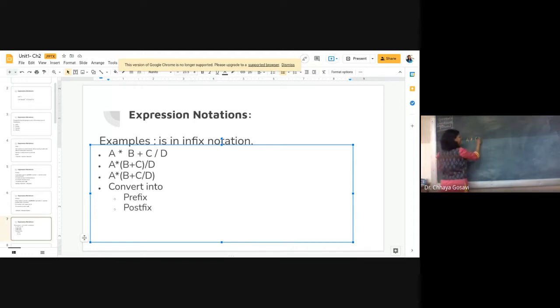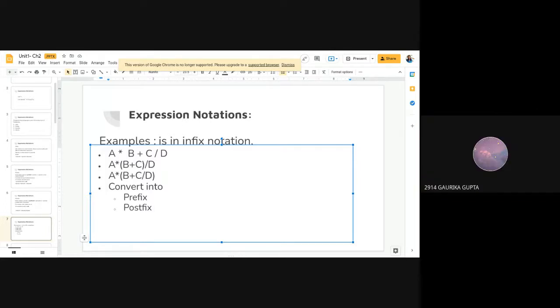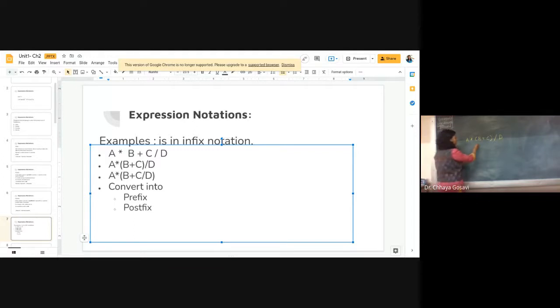A star, B plus C, and then slash D. Now which expression should be executed first? A star B, C slash D, or B plus C? B plus C. Yes, brackets have the highest priority. So B plus C should be executed first. So its prefix will be plus BC.